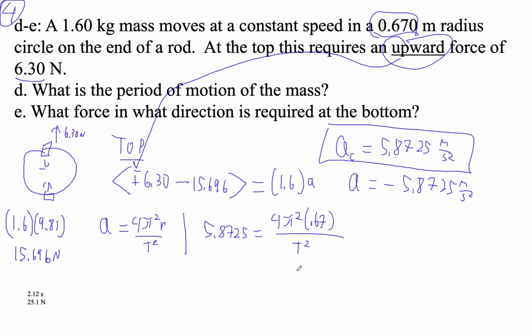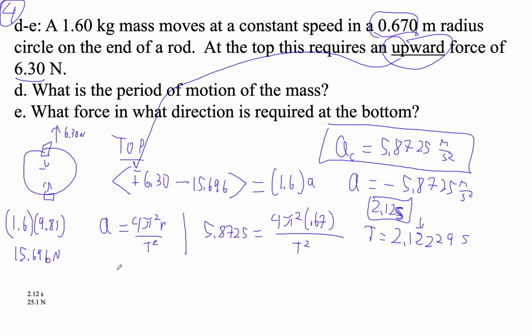Raise it to the 0.5, and I get 2.1229 seconds. So I guess if we had to write it there, we'd say 2.12 seconds. That's an S. Can't you tell? It's all curvy. All right.